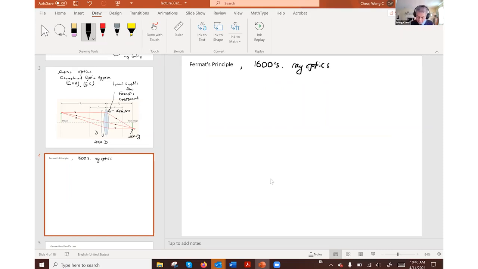And I like to point out the fact that Snell's law was also known in the Islamic world about 984 AD. So what is Fermat's principle? It is a principle based on least action.